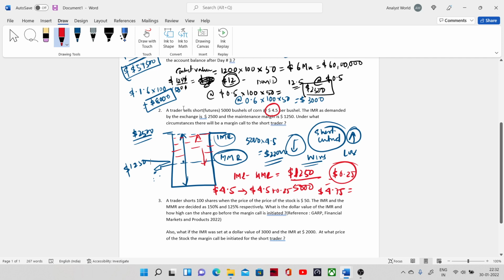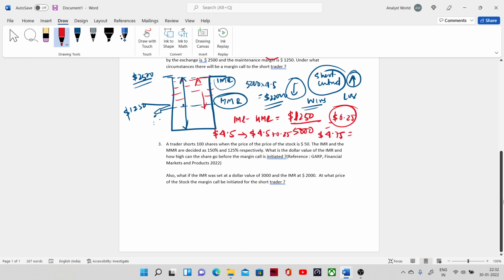I just solved it. So we're going to take up the last problem, and then that is going to be the end of our tutorial. I'm sure this is also going to make sense to you. A trader shorts, and I've taken this as a direct reference from Garb's book. Why I've taken it is because hitherto most of the problems related to the maintenance margin account and the initial margin account revolved around a specific given dollar value.